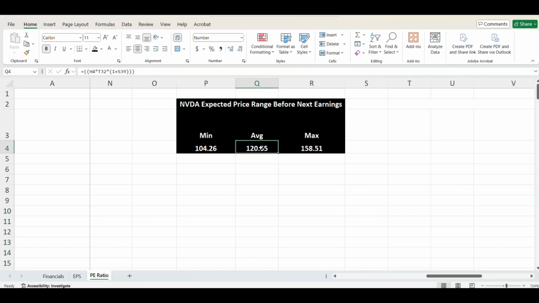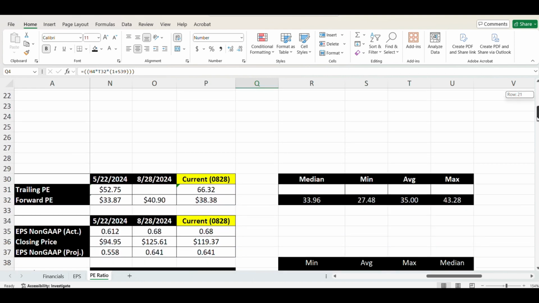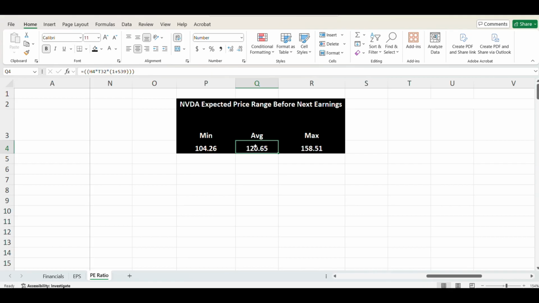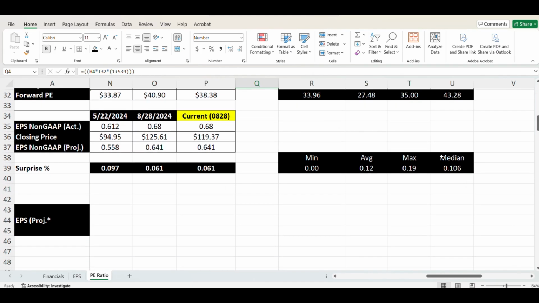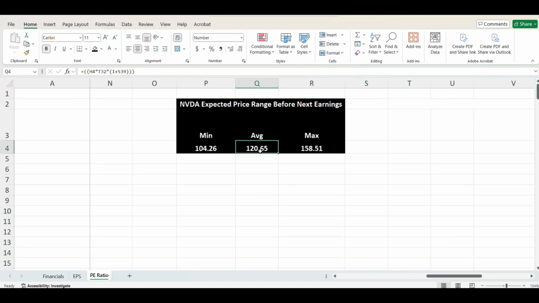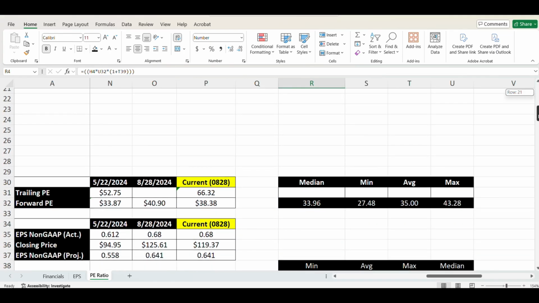Similarly, I use the same formula except in the second factor, I'm using the average value of the forward PE. In the third factor, that is S39, I'm using the average value of the earnings surprise percentage, and that is this one. So that gives me the average price projection for Nvidia, 120.65. Similarly, I have the maximum value, same formula, except in the second factor, I'm using the maximum forward PE, that is this one.